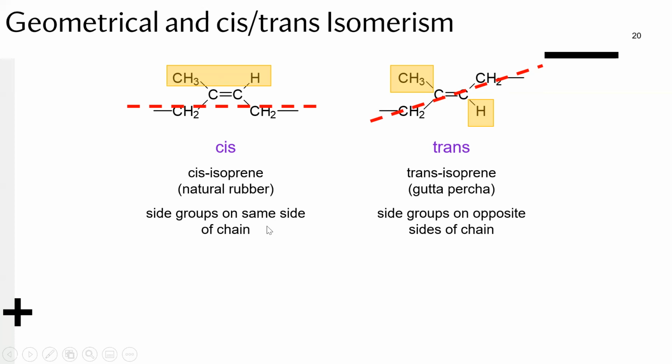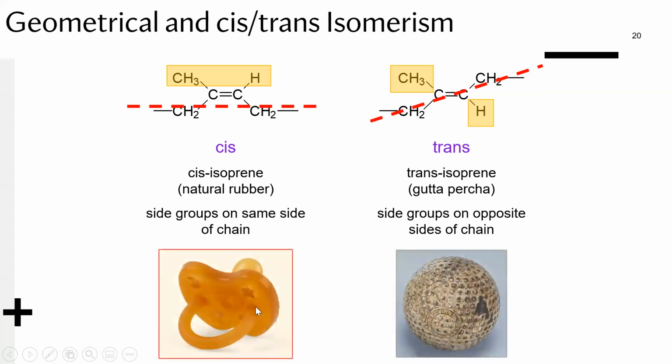So one turns out to be natural rubber, a cis isoprene, and the other one is gutta percha, the trans isoprene. And you may not have heard of this. This is natural rubber, which you've seen many times, extremely deformable and soft.